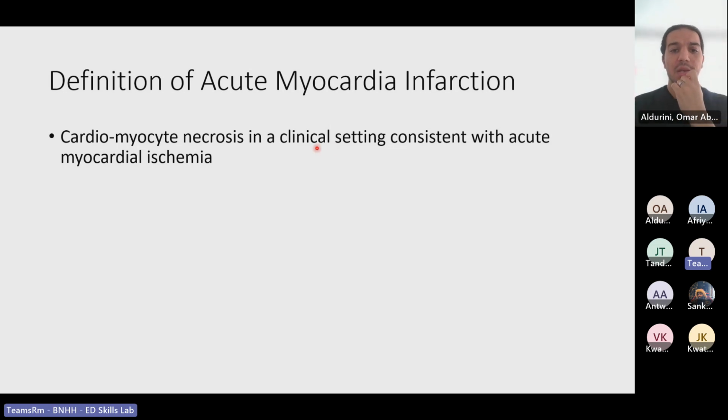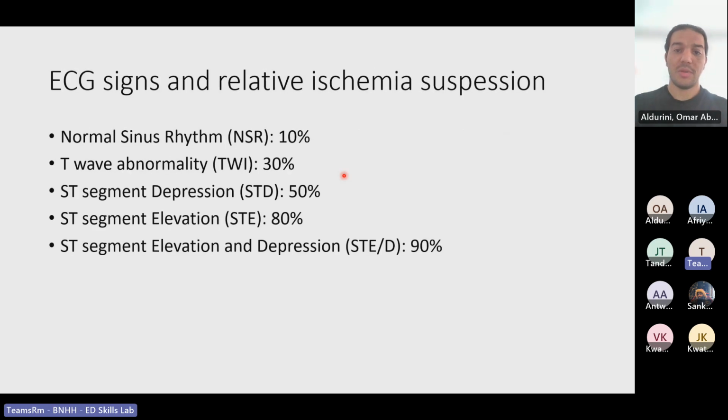This might lead to myocardial infarction or death of the cardiac myocyte. If death happens, then we call it infarction. If death did not happen yet, then it's an ischemia. So this is the difference between the two terms, ischemia and infarction.